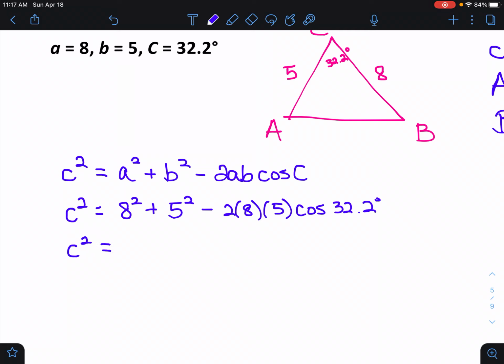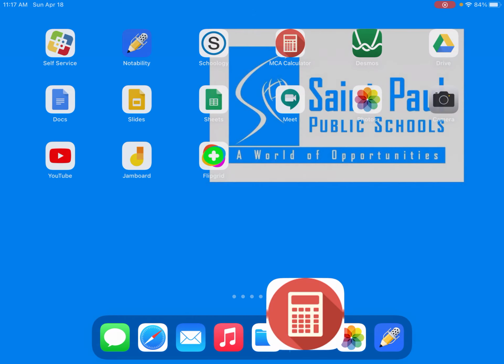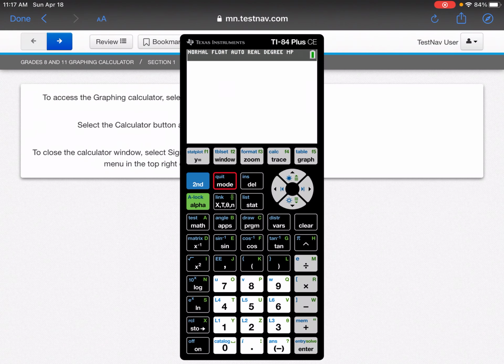So I'm going to take a second right now and do that. I can type this whole thing in just the way I wrote it. Again, make sure your calculator is in degrees. I've already done that. So here we go. 8 squared plus 5 squared minus 2 times 8 times 5, and then times cosine of 32.2.